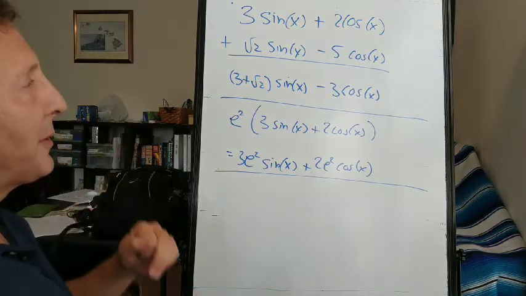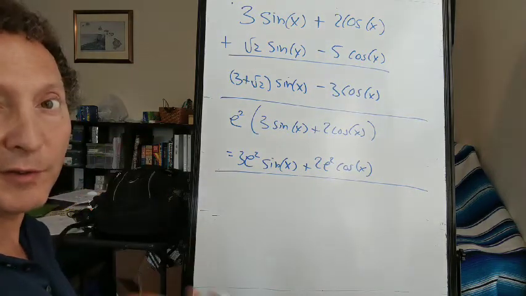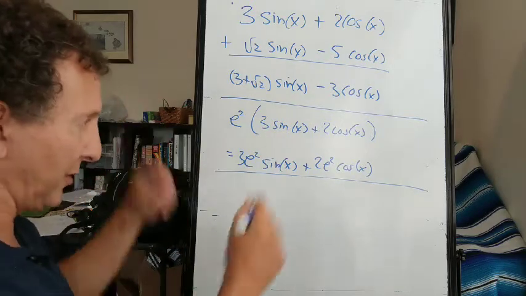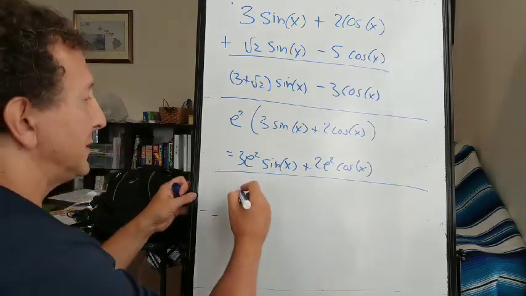Now, for any linear combination of sine and cosine you can think of, its opposite is also a real linear combination, if the coefficients were real to begin with.